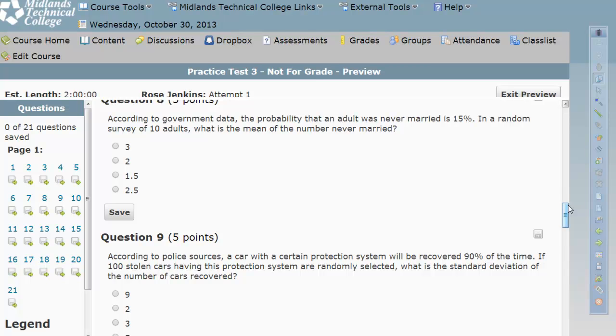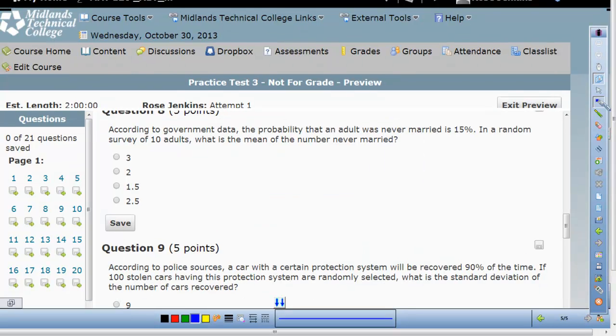So it is binomial, and the question asks us about the mean. We said for the binomial, the mean is n times p. That's our formula for finding the mean for a binomial. In this case, n is 10, p is 0.15.